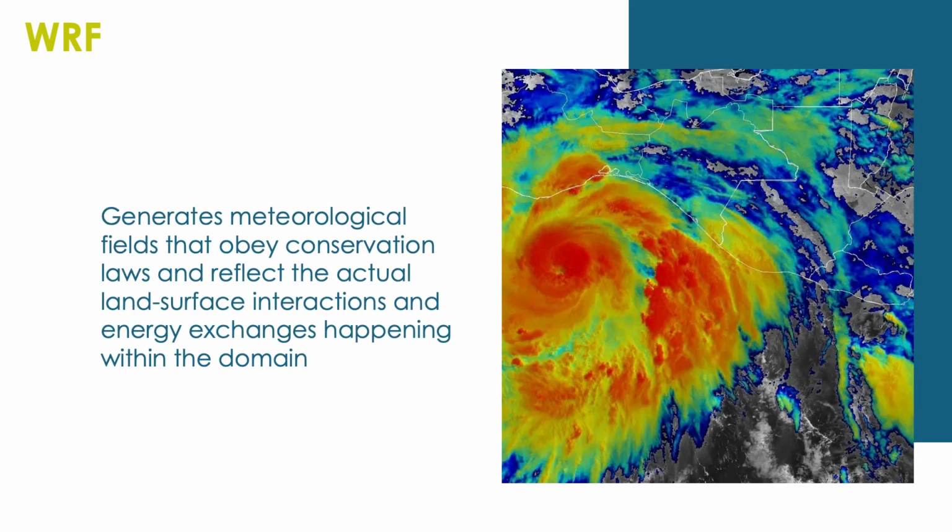The real strength of the Weather Research and Forecasting model lies in the internal consistency of its outputs. Unlike interpolated datasets or statistical downscaling, it generates meteorological fields that obey conservation laws and reflect the actual land surface interactions and energy exchanges happening within the domain.